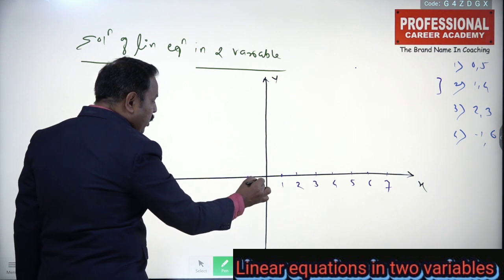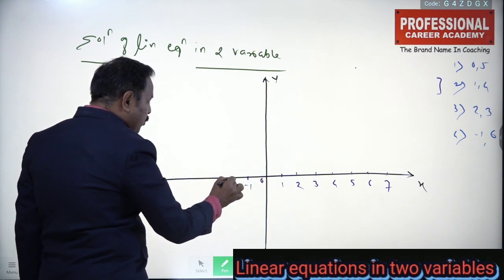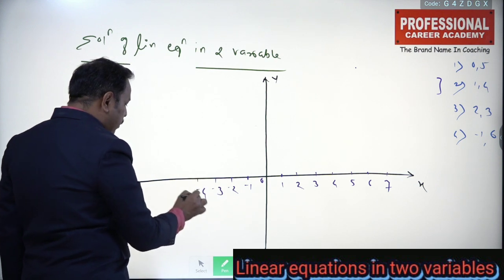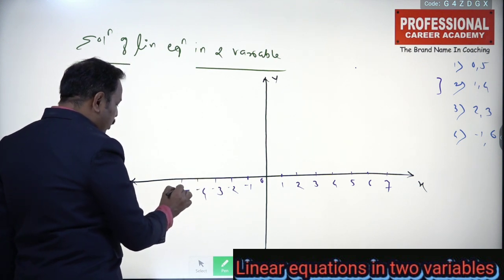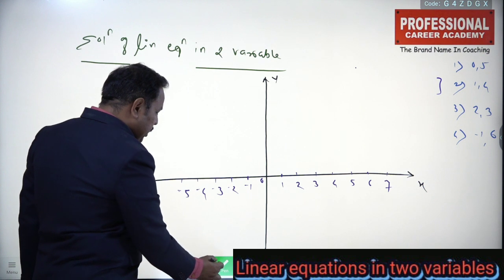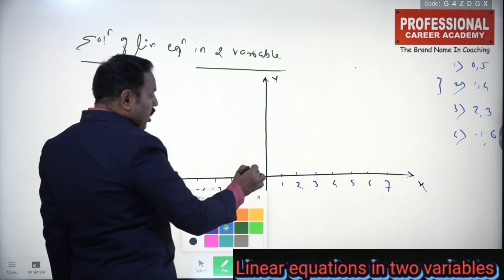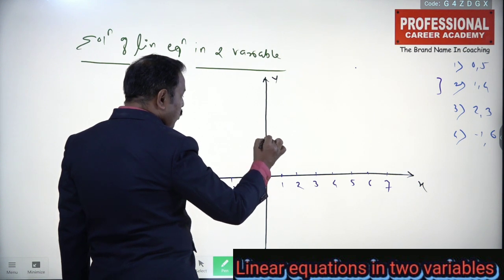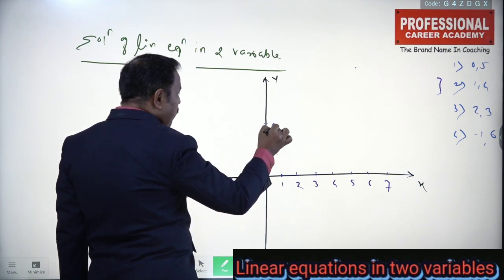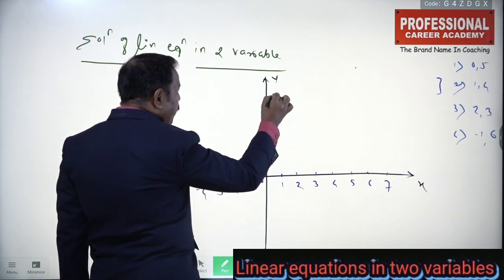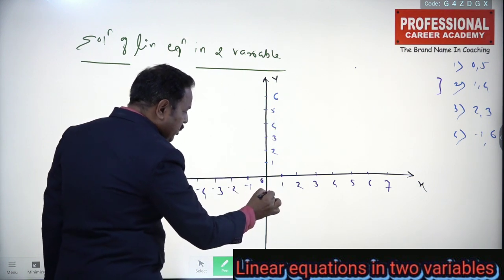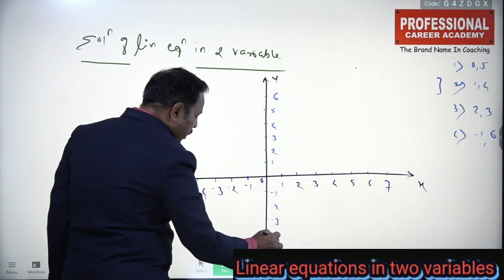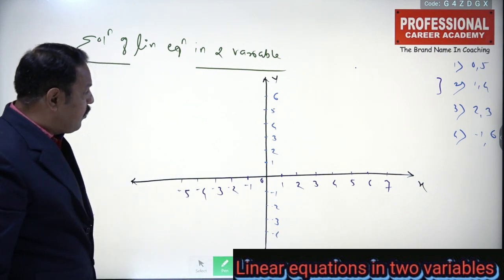And on the left hand side of the origin, it is minus 1, minus 2, minus 3, minus 4, minus 5 like that. On the y-axis, it is 1, 2, 3, 4, 5, 6. Here it is minus 1, minus 2, minus 3, minus 4, like that.